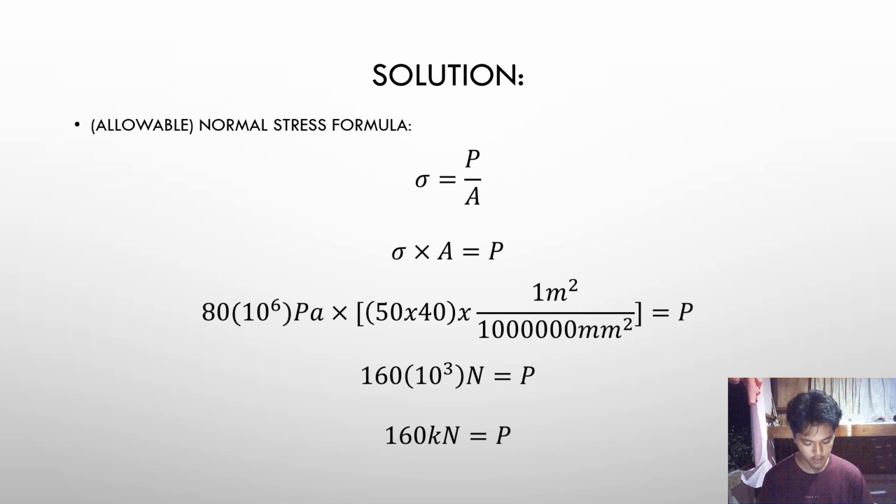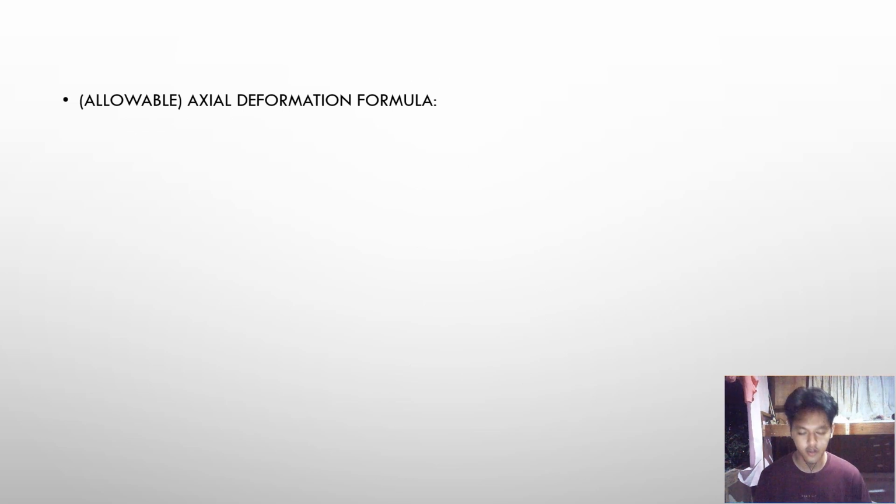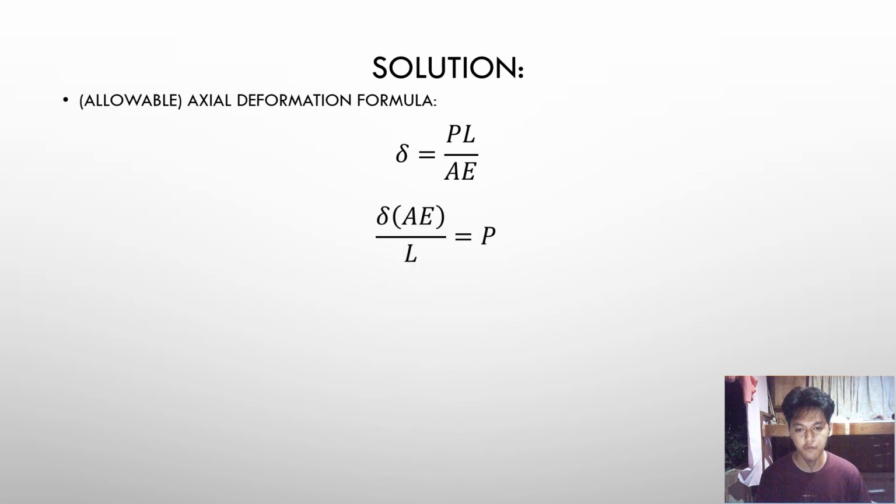Let's proceed to the next formula, which is the axial deformation formula: the axial deformation equals load P times length over area A times the modulus of elasticity E. By transposing the L, A, and E to the left, we gain this formula.